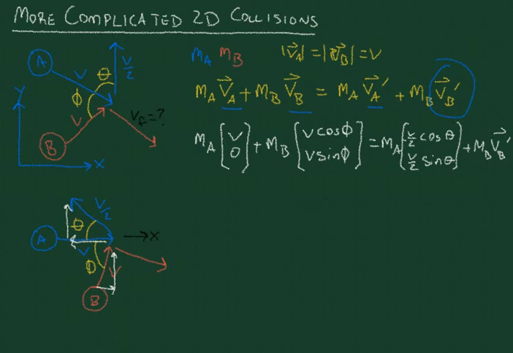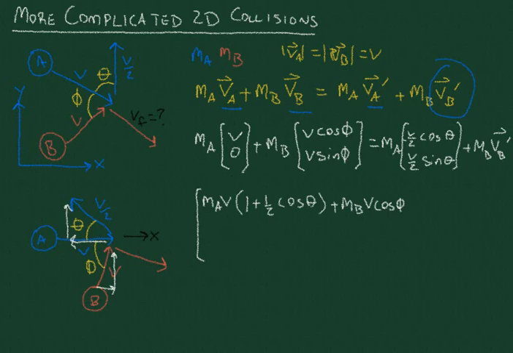Okay, so now we can just push everything over to one side. So over here, we have the mass of A times V, again, this is the x component, so the mass of A times V times 1 plus 1/2 cosine theta, plus mass of B, V, cosine phi.